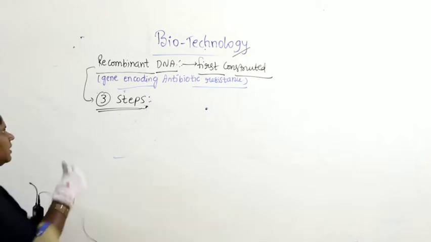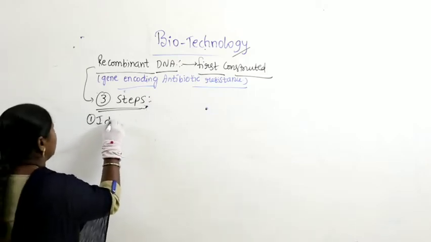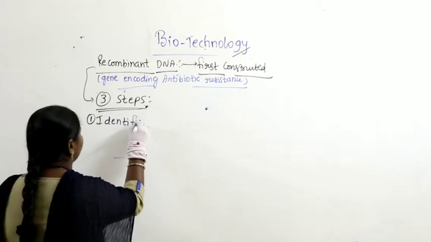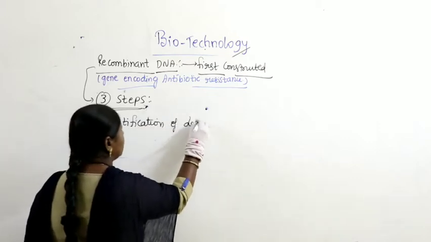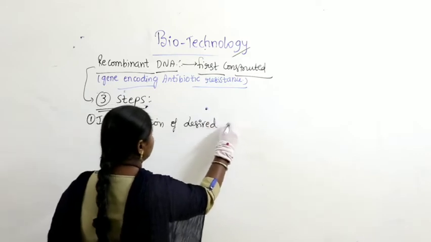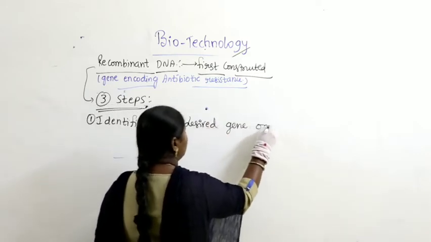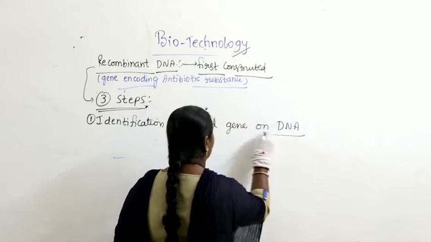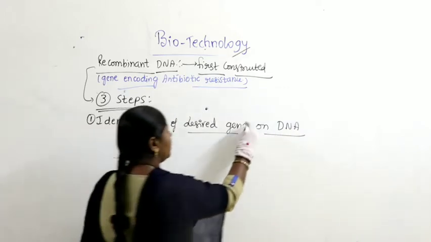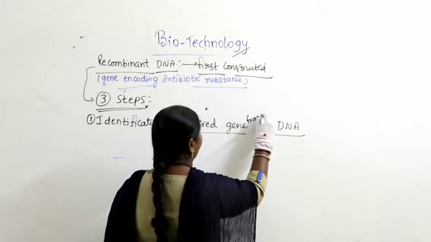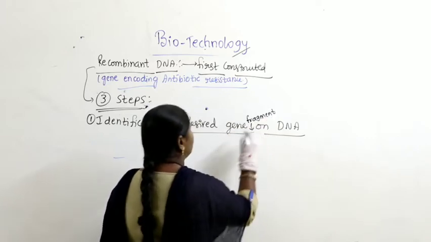What is the first one? The first step is identification of the desired gene fragment, or desired DNA fragment, on DNA.